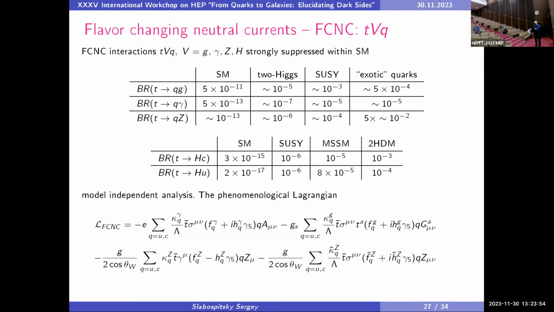Several models have predicted enhancements. You can see, for example, one exotic model predicts the top decay to Higgs and charm about 10 to the minus 3, while within the standard model we expect 10 to the minus 15. You see the increase could be about 10 to the 12.